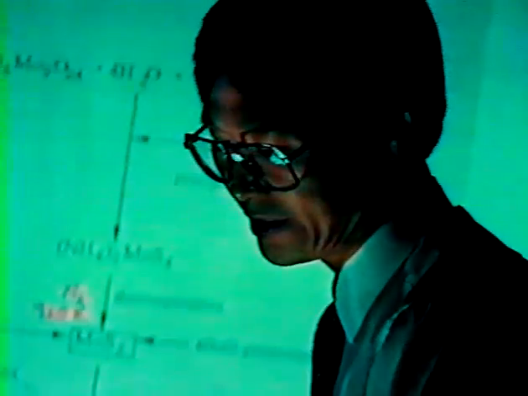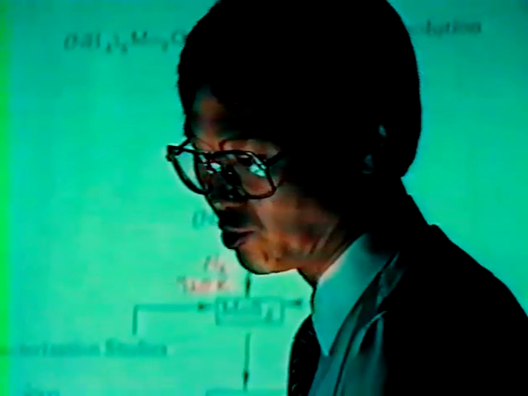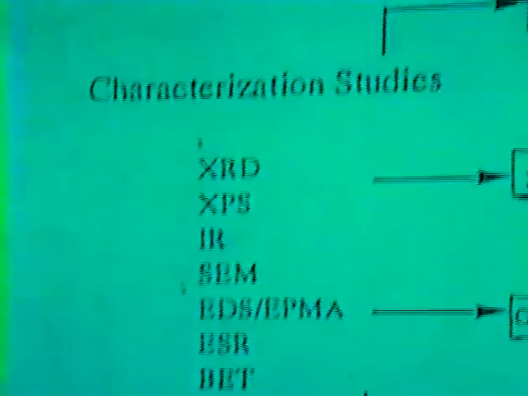The catalyst system we are dealing with is unsupported molybdenum sulfide, which was prepared by thermal decomposition of ammonium thiomolybdate, and alkali compound was added by impregnation with a potassium to molybdenum molar ratio of 0.5.